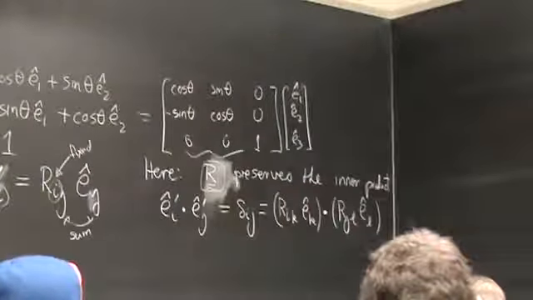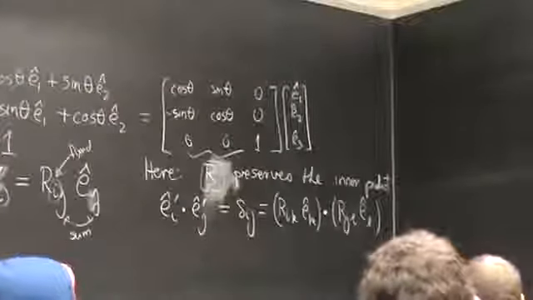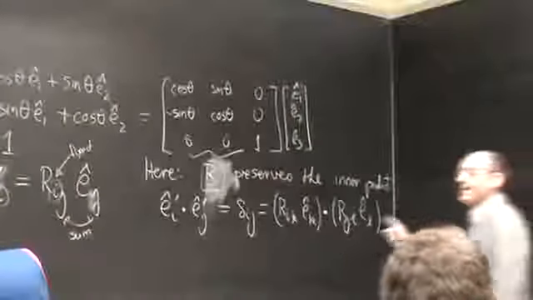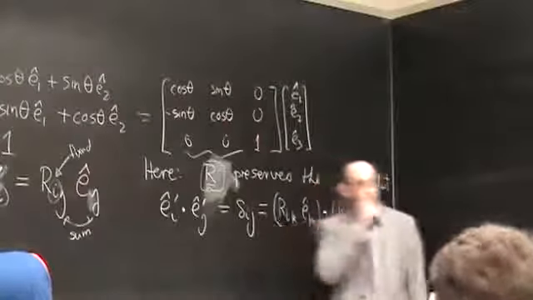It's really important. You're going to get lost. Your equations are going to be messed up if you don't pay attention to what's a dummy index and what's a fixed index.